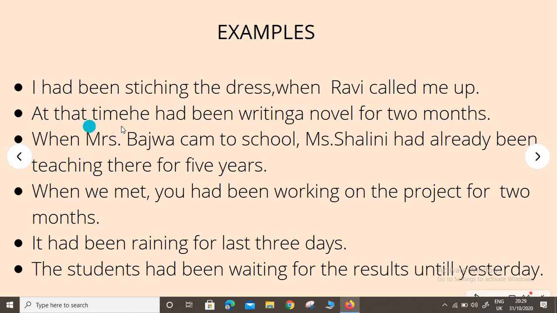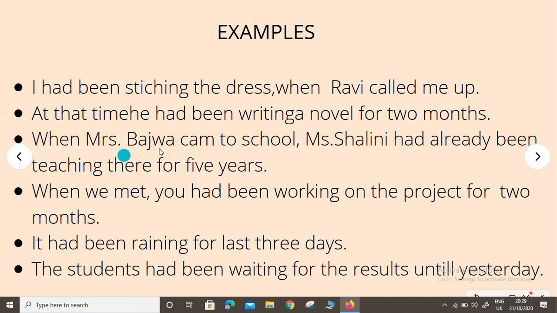So at the time we were talking about, he had been writing a novel for 2 months. When Mrs. Bajwa came to school, sorry, there is a spelling mistake, C-A-M-E. When Mrs. Bajwa came to school, Miss Shalini had already been teaching there for 5 years.